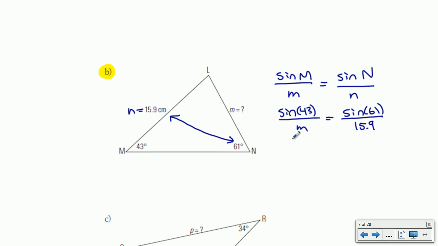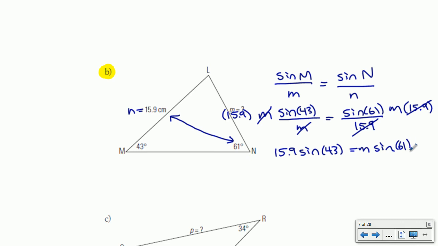Now we need to bring this upstairs, so multiply both sides by m. That's 1. Now we have m times this thing on the right, and now we should probably get rid of this denominator, so multiply both sides by 15.9. 15.9 divided by itself is 1. So at this point we would have 15.9 times sine of 43 equals m times sine of 61.